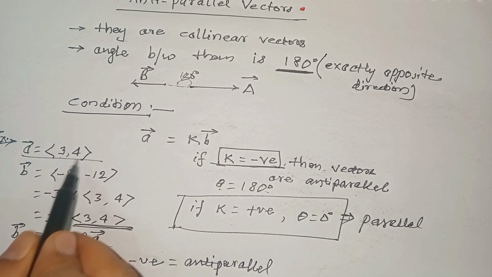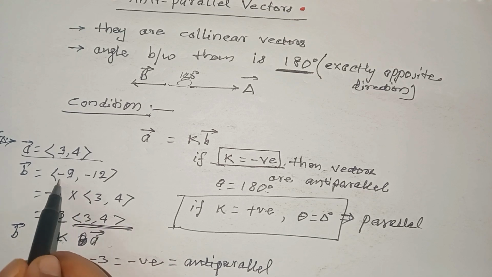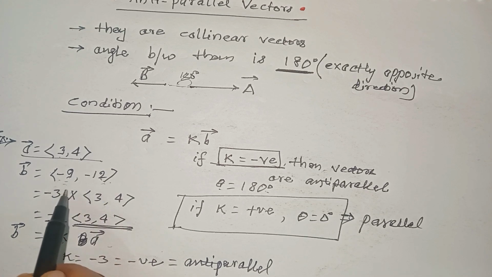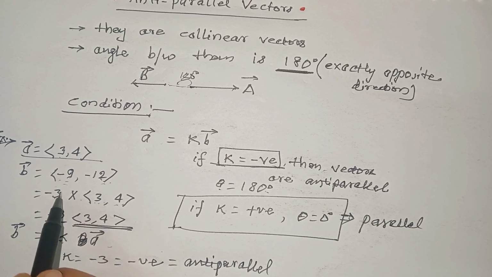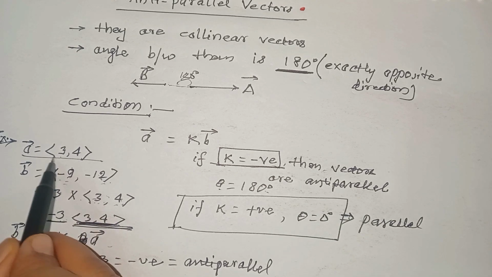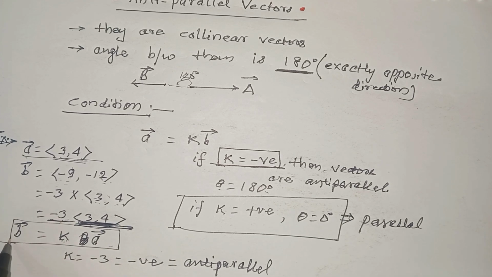If vector A is 3, 4 and vector B is minus 9, minus 12, then minus 9, minus 12 can be further expressed by taking minus 3 common into 3, 4, since 3 times 3 is 9 and 3 times 4 is 12. Then 3, 4 is vector A. So putting vector A in place of 3, 4, and for minus 3 we put k, B came in this form.